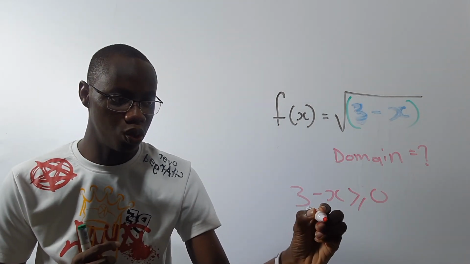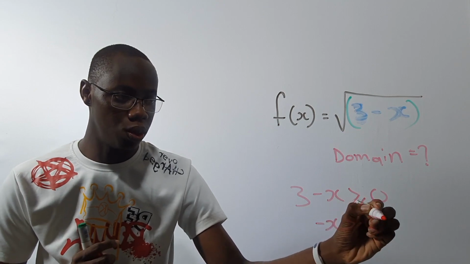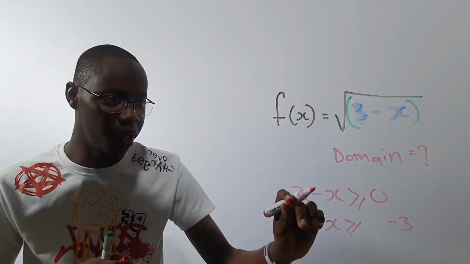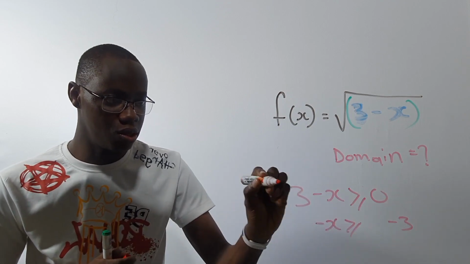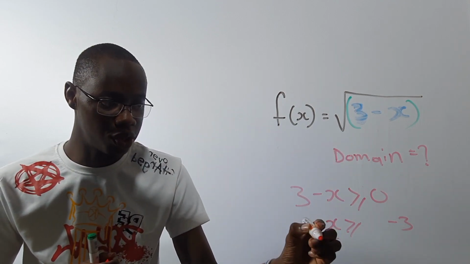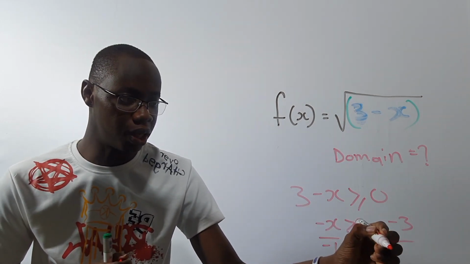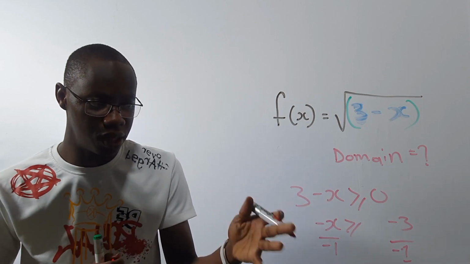Very easy. So minus x is greater or equal to 0 minus 3. Subtract 3 from both sides, so bring this 3 here. Now, the crucial part: divide both sides by minus 1 to get rid of this negative.